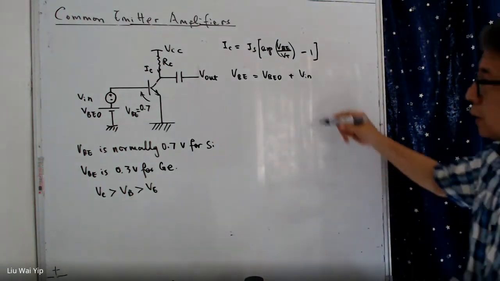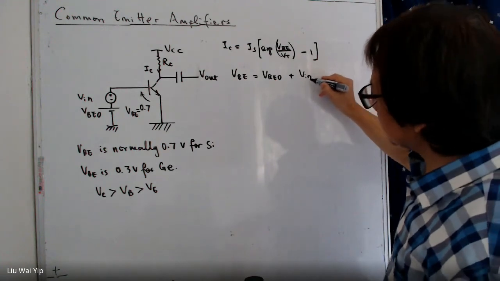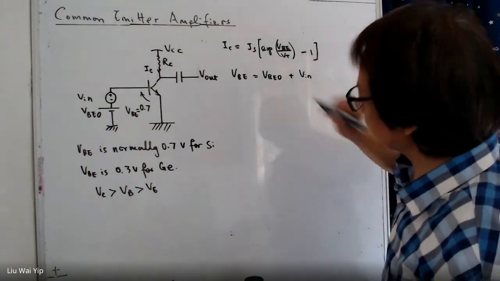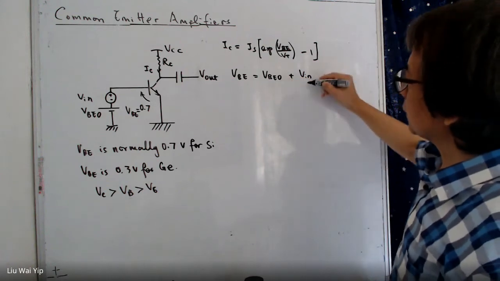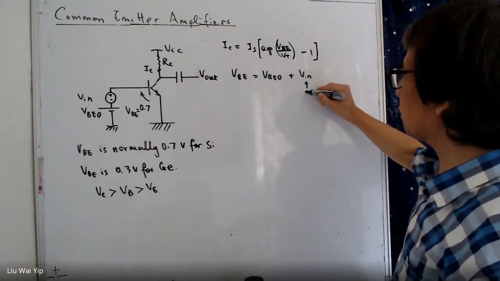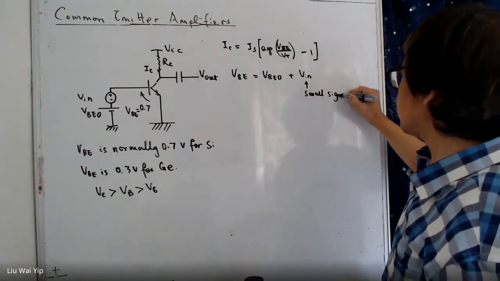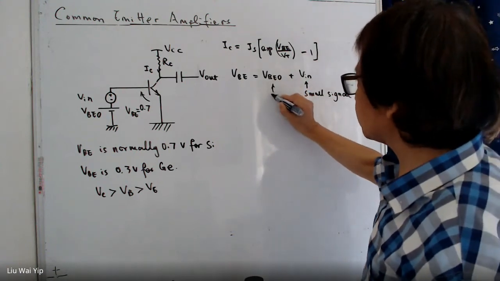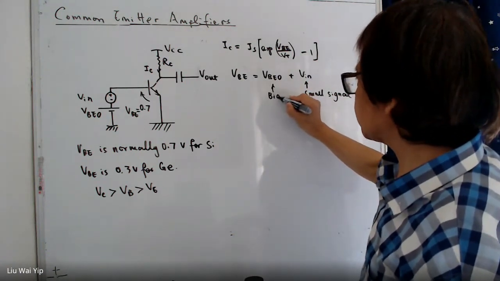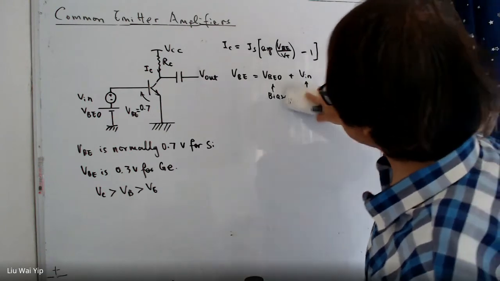And normally, the value of Vin is much less than VBE naught. So we call this one the small signal, and this one is the bias, the biasing voltage.